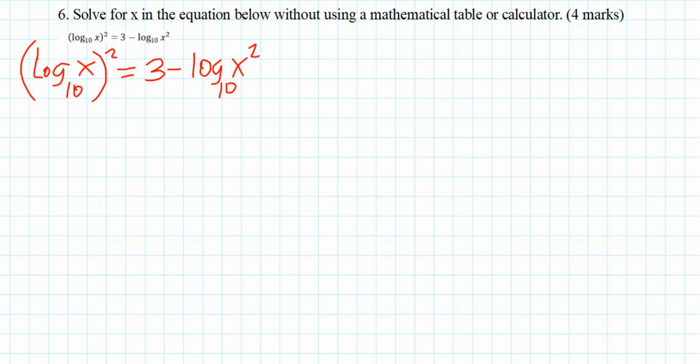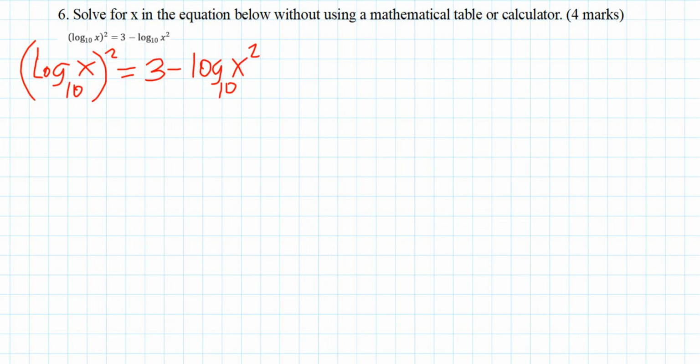So in our sixth question, we have been given that the log of x to base 10, put in brackets squared, is equal to 3 minus the log to base 10 of x squared. Something that I want us to realize is that we cannot open the bracket where we have the log to base 10 of x squared.